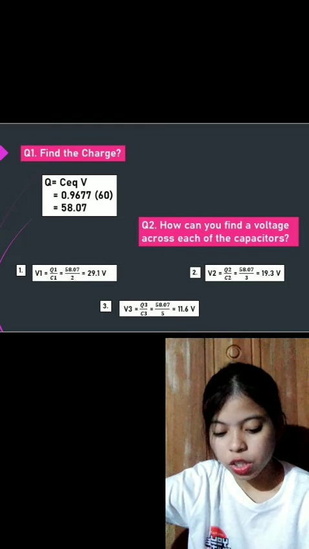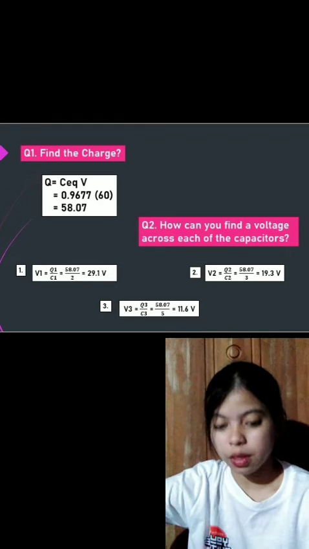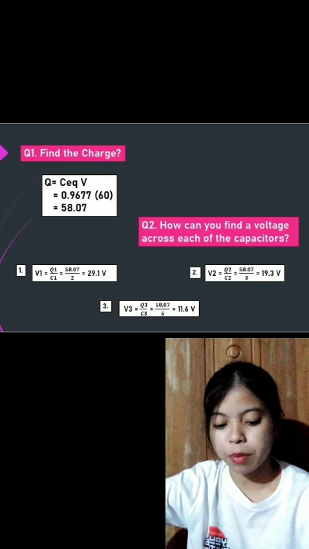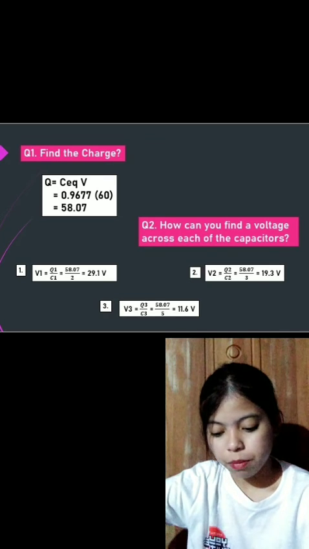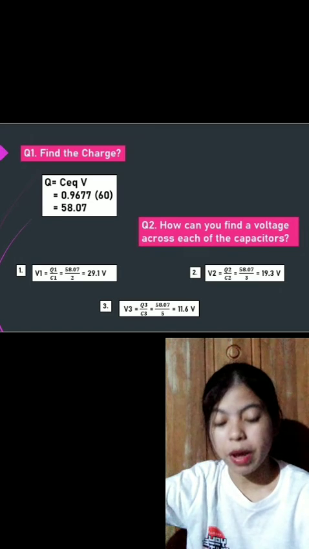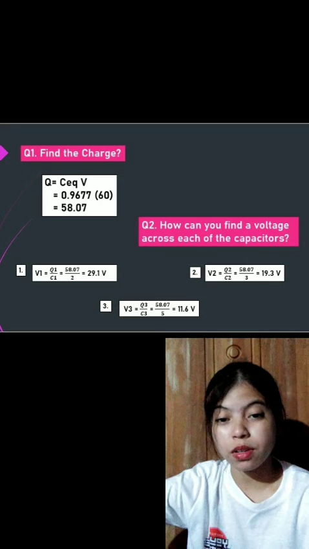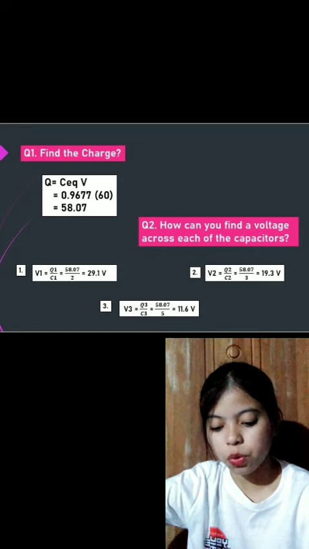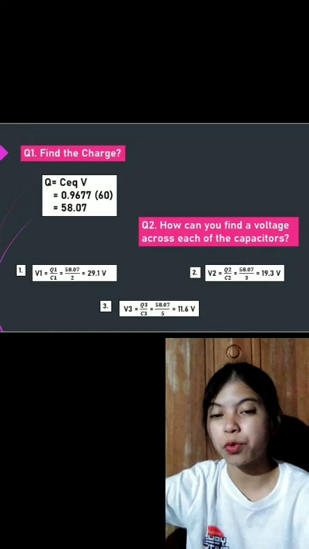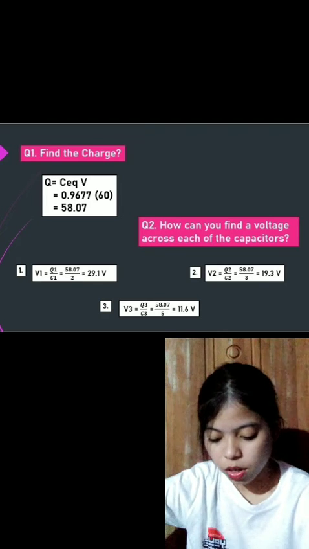Take the charge, 58.07, divided by the capacitance, and make sure to add the 10 to the minus 6. 58.07 divided by 2 is equal to 29.1 volts.